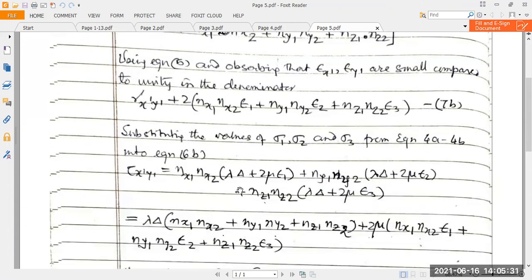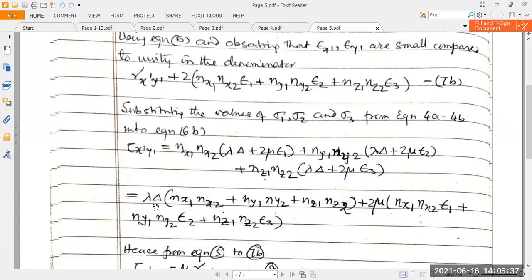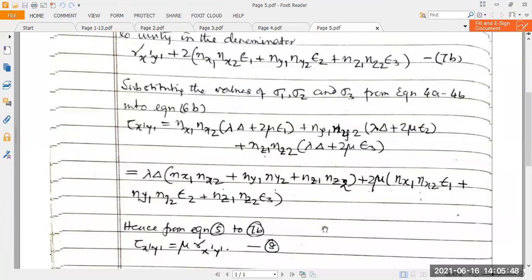If we simplify a bit in terms of gamma lambda, we will have this equation, and multiplying plus 2 into b, we have this equation like this. Hence, from equations 5 to 16, tau x dash y dash equals G times gamma x dash y dash itself. This is equation number 8.